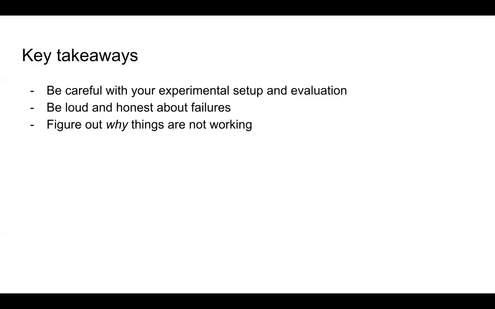And then there is the problem of not hiding where things are not working, basically being honest about failures and trying to publish them, and not just focusing on getting improvements over the state of the art by 0.001 on your favorite benchmark, but trying to understand the data that is inside this benchmark and what it means to be working on this benchmark in particular, because in some cases it doesn't mean that your model will work on real data just because it's the best on this benchmark.